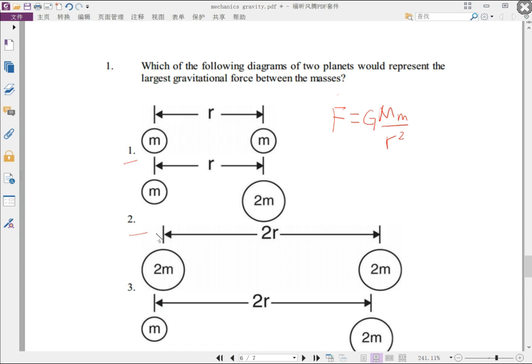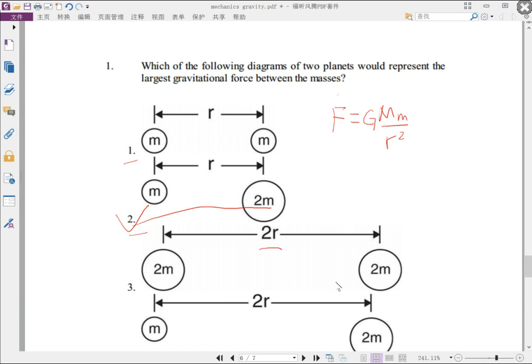First one and the second one, you find that okay, the second one should be greater than the first one. So we leave this one here and compare with the third one. Compared with the third one, the distance is 2r, and which is larger?